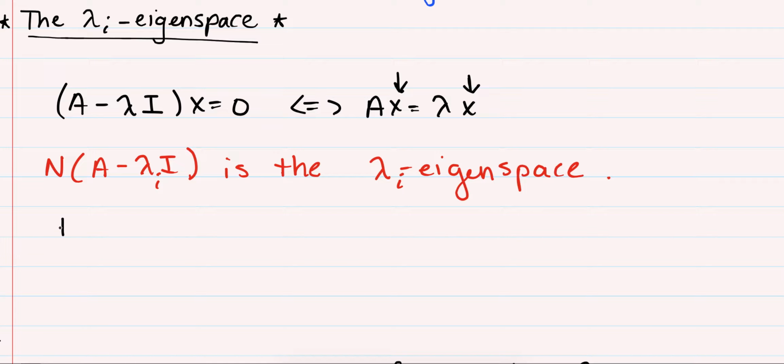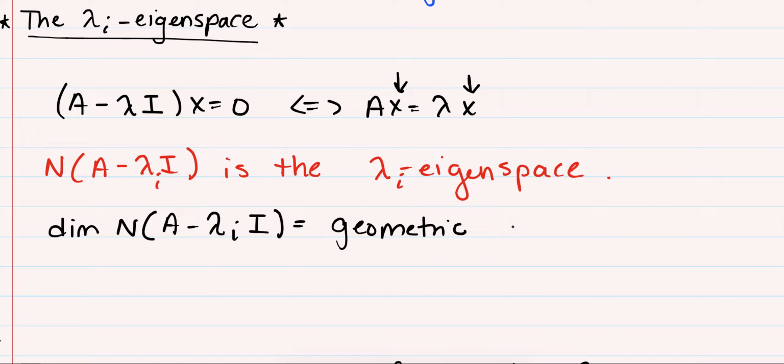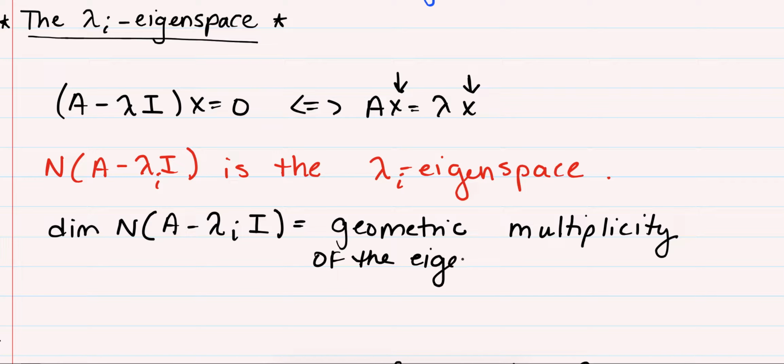And we also want to say something about the dimension. The dimension of this space is called the geometric multiplicity of the eigenvalue lambda I. So we have an algebraic multiplicity, which is the power of the linear factor lambda minus lambda I. If it's like lambda minus lambda I squared, then the algebraic multiplicity is 2, and we're getting that from the characteristic polynomial.